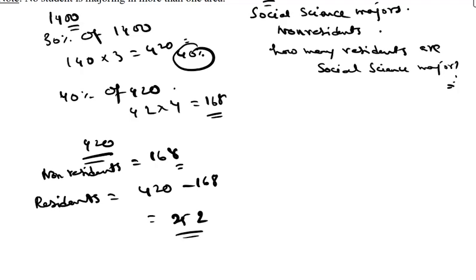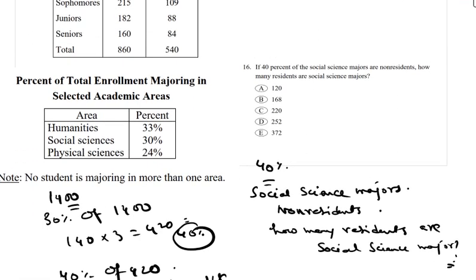So residents who are social science majors are 252. Okay, now let's look at the answer choices shown in the question. Answer is 252, so our correct option is option D.